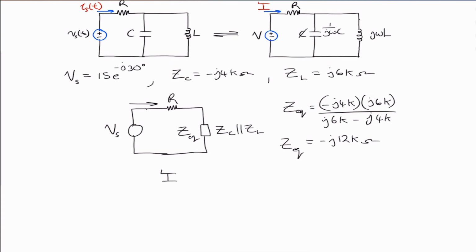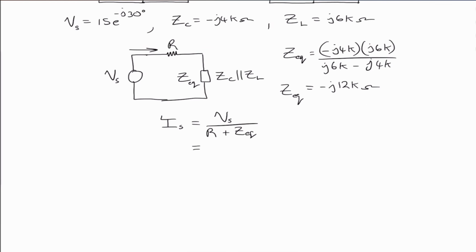So Is is equal to the total voltage in the circuit divided by the total impedance, and that will be R plus our equivalent impedance, which is then equal to our voltage source, 15 times the complex exponential e to the j minus 30, divided by 1k minus j12k.